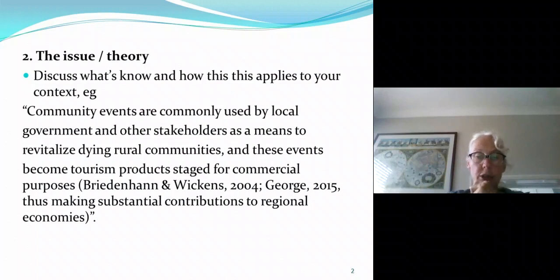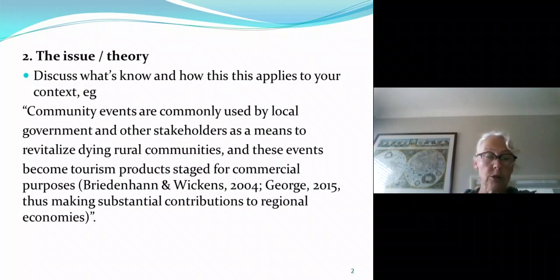So for instance here, this is not from my work, but someone else's, where they're talking about community events and how they're commonly used by local government and other stakeholders as a means to revitalise dying rural communities, and how these events become tourism products staged for commercial purposes. And thus they make substantial contributions to regional economies.